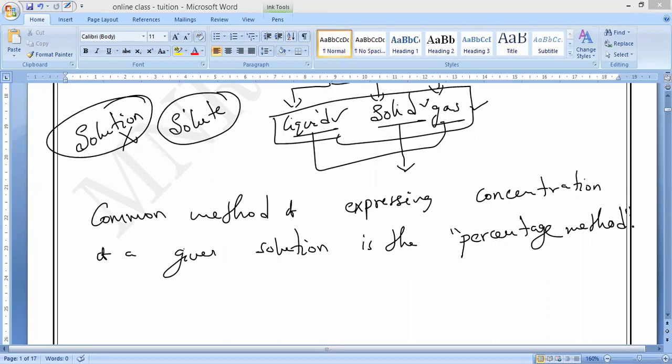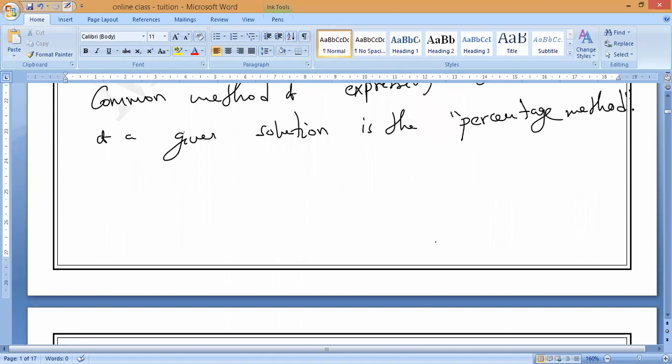Now, based upon the type of solute, this percentage of solute can be expressed in two ways. One is by mass and second one is by volume.